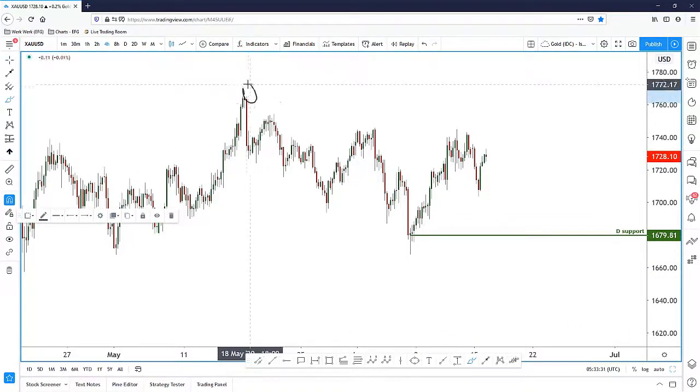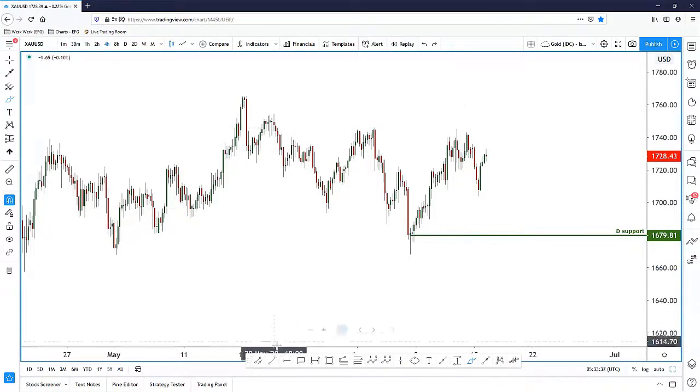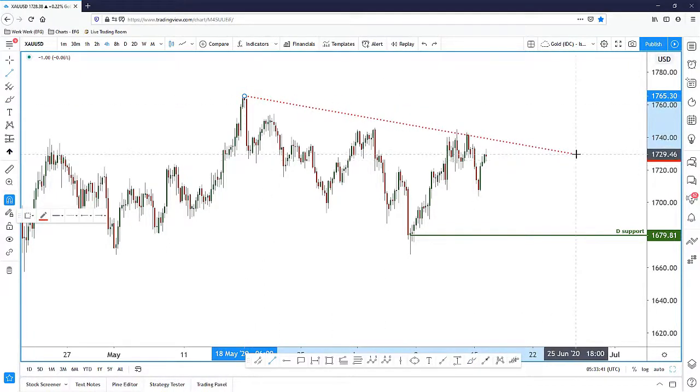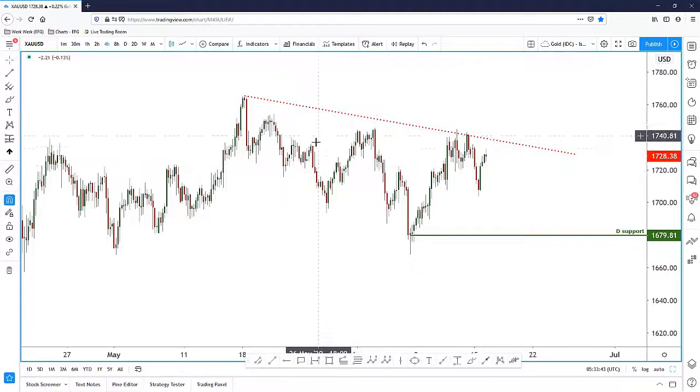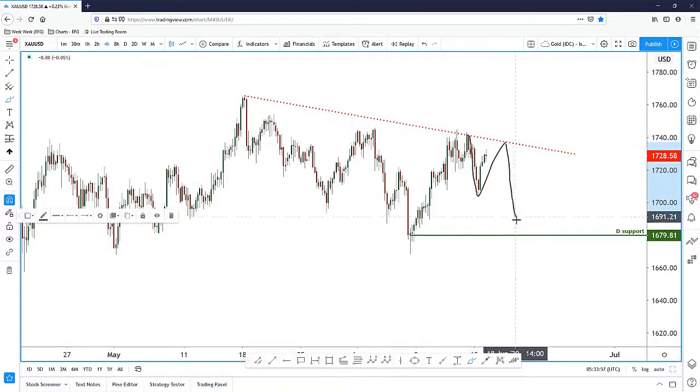We see all these highs, and we can actually use a trend line to connect these highs. It isn't one of the best, but it's still possible as a trend line, basically because this middle portion came quite close to the trend line resistance. So what I'm expecting is that price could come up, test the trend line, and then make a push down towards the daily support.